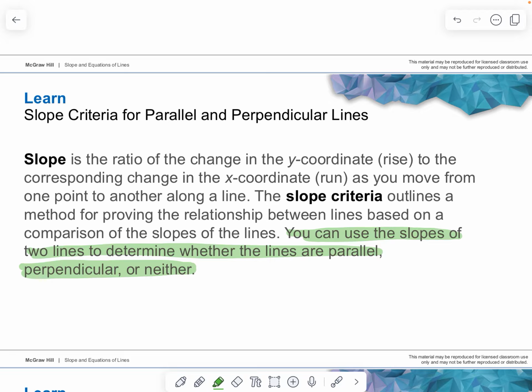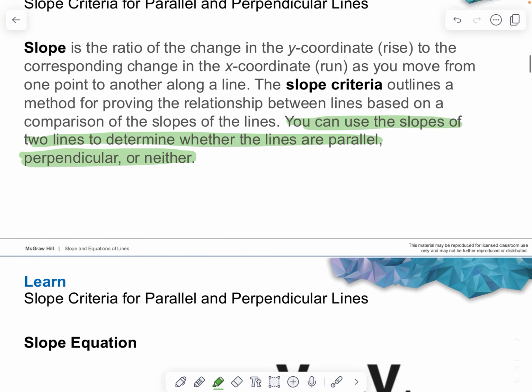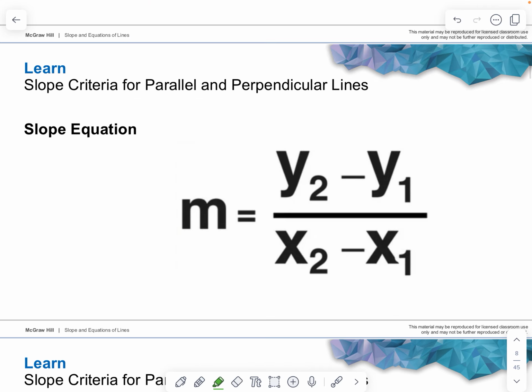So in the box on your notes, you should hopefully be on page 14. I want you to make sure you have that slope equation down, m equals y2 minus y1 over x2 minus x1. And of course, we've also called slope the rise over the run in the past.